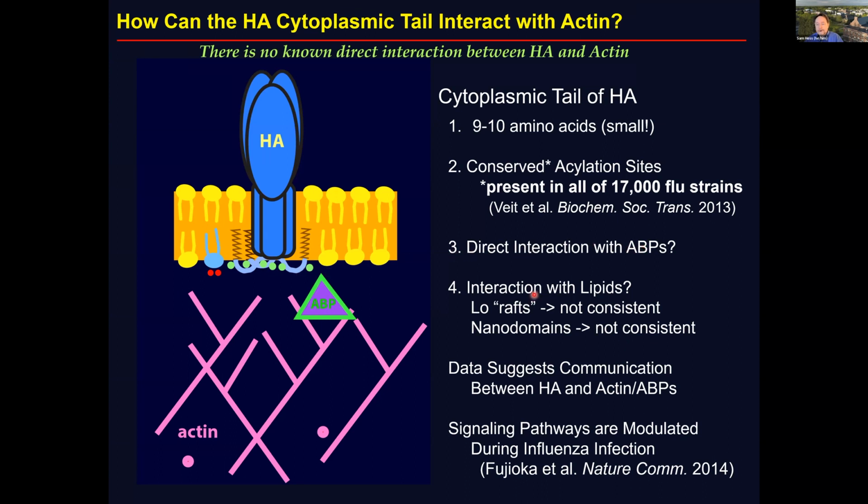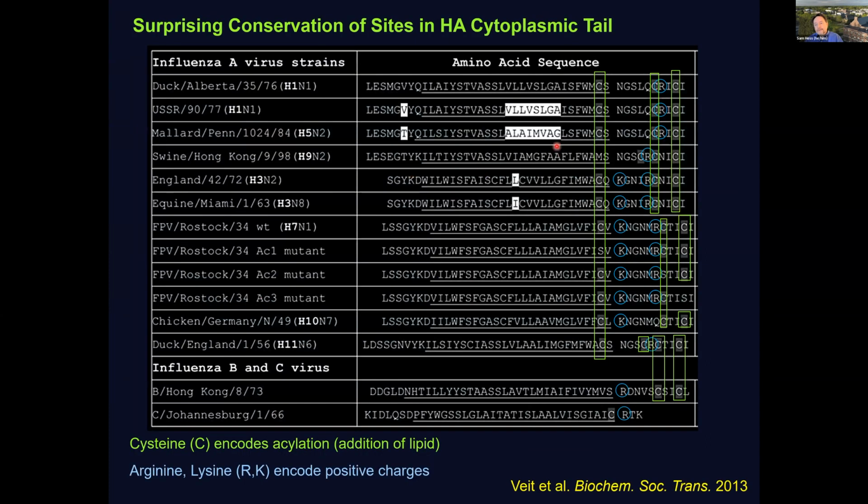I got a clue from the fact that there are some highly conserved features in this cytoplasmic tail. We started to think, could this happen through a lipid rather than being a direct interaction? The conservation in the tail is around specific cysteines, 3 of them, and those cysteines are acylated, so they have a lipid tail added, typically palmitate.